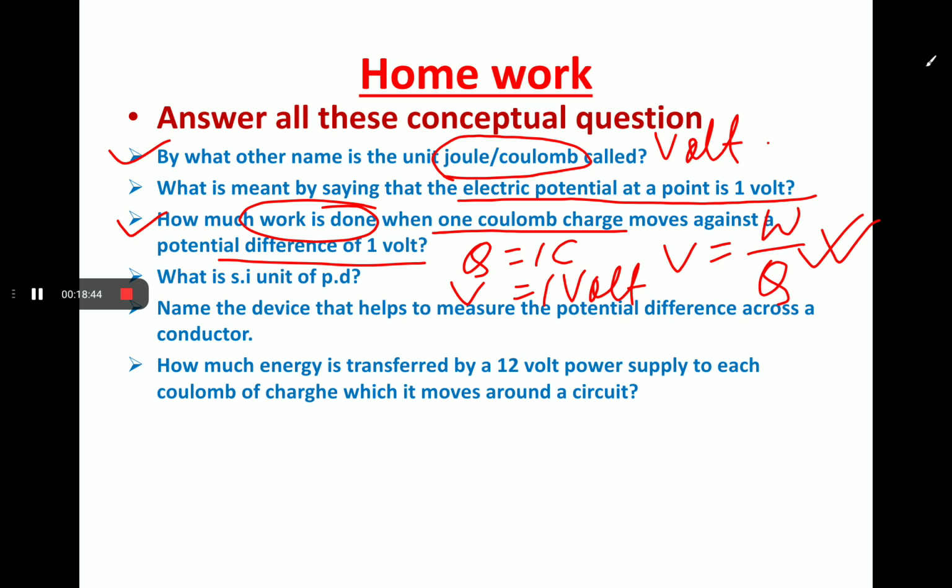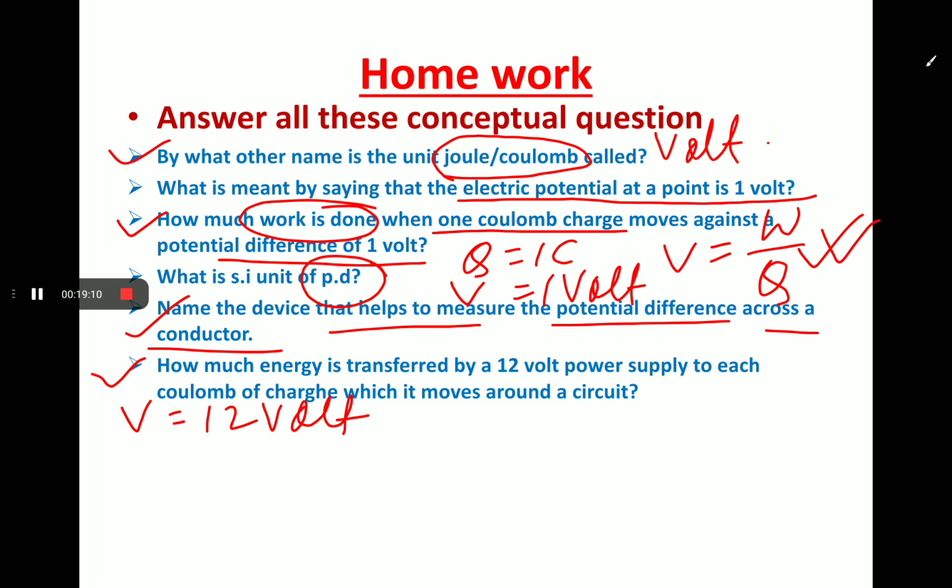What is the SI unit for potential difference? You can write volt, and you can also write joule per coulomb. Now, name the device that helps to measure the potential difference across the conductor. And that device, that instrument, is voltmeter. Last, how much energy is transferred by a 12 volt power supply? It means voltage is given as 12 volt, to each coulomb of charge, Q is equal to 1 coulomb.